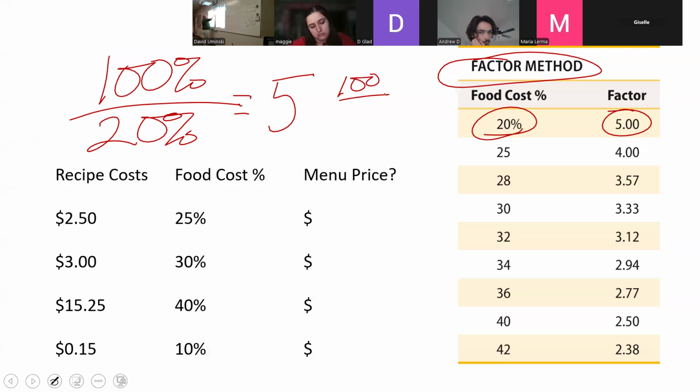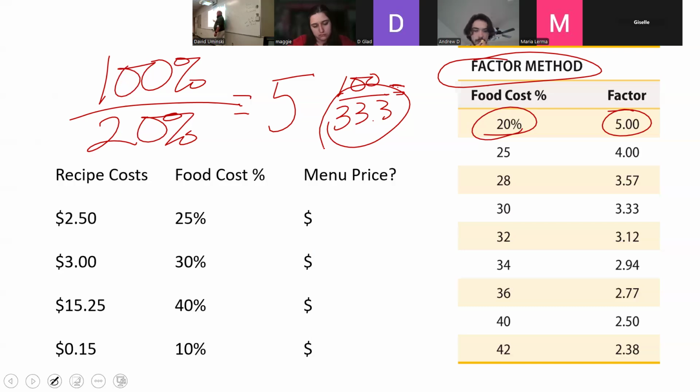Take 100, divide by 33.3, and what do you get? 100 divided by 33.3 is 3. So that's triple your food cost. Anytime a chef tells you to take the recipe cost and multiply it by 3, that 3 is a factor, and it will give you a 33.3% food cost.